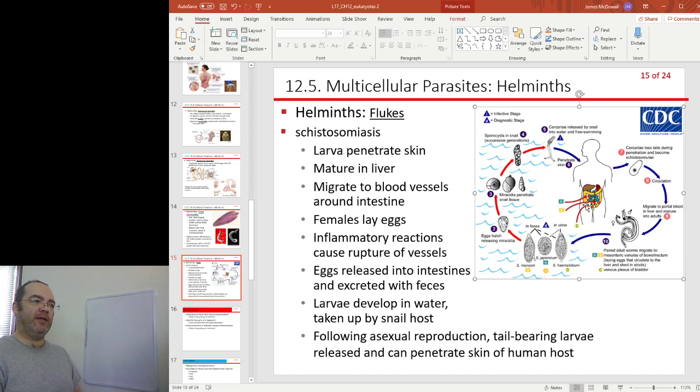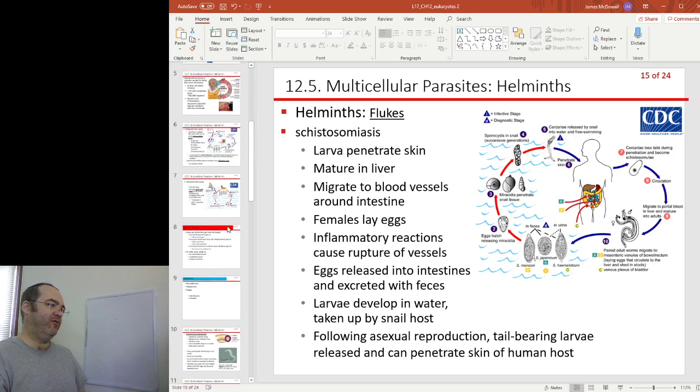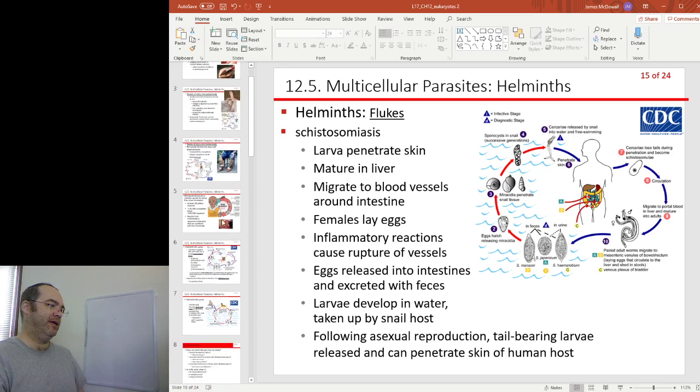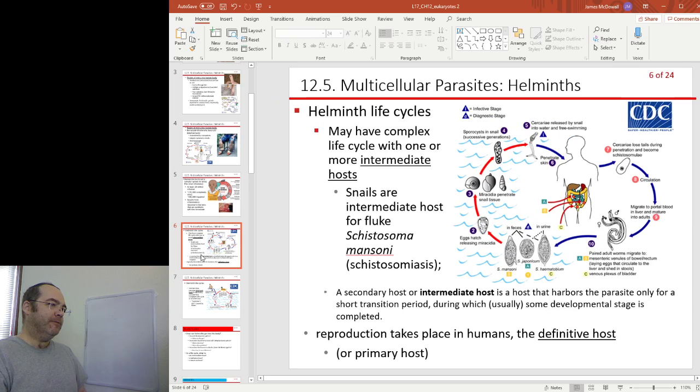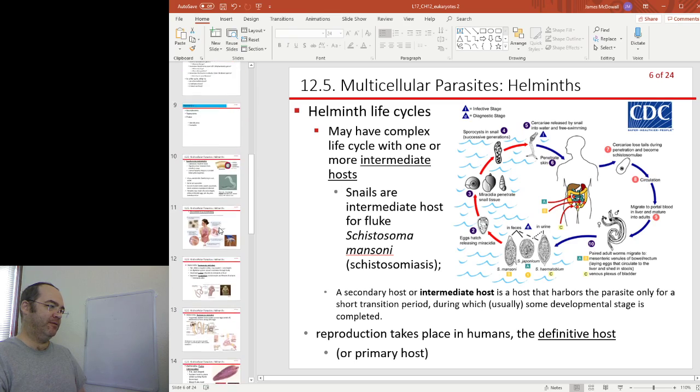We looked at the life cycle of schistosomiasis before. That's one of many life cycles that requires an intermediate host, so they require the snail. If we go back to our host definitions, the human is the definitive host, the snail is the intermediate host.